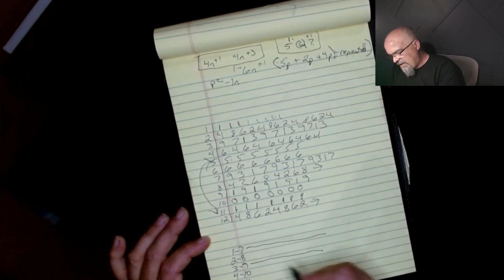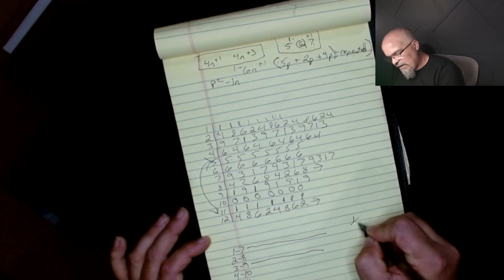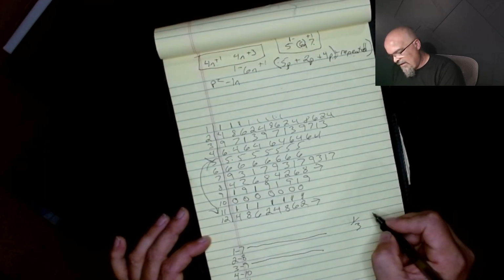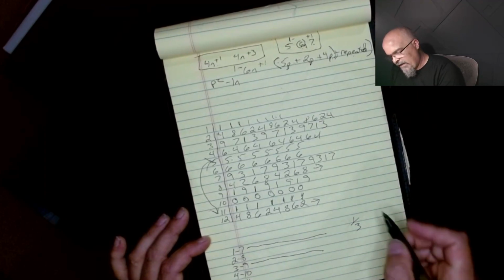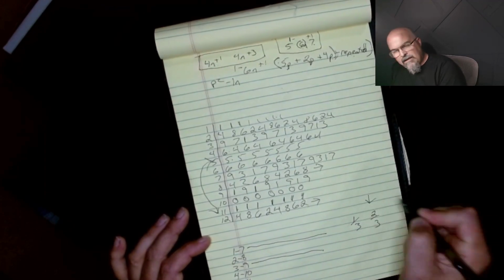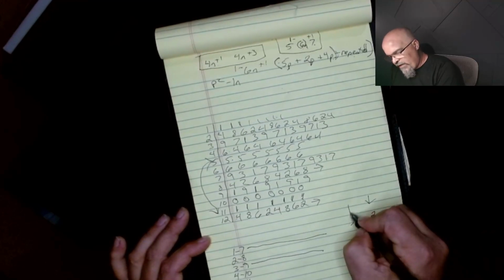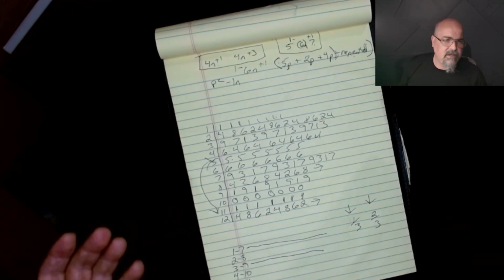Well, that tells us that out of 6 possible pathways, primes will only fall on 1, 7, 3, and 9, which are exactly 1/3 of this system. 1, 2, 3, 4 can't be prime. 2 can be. So 2/3 of all numbers are even and even symmetrical, and 1/3 of all numbers are prime or prime symmetrical. Well, where have we seen this before?